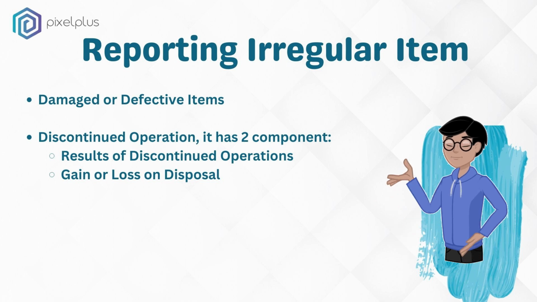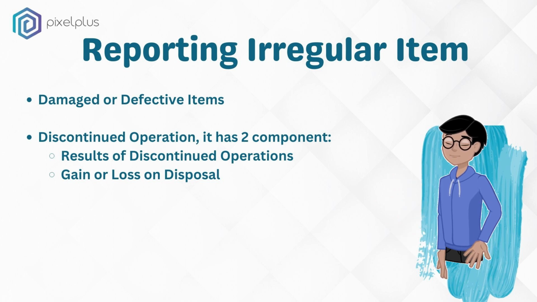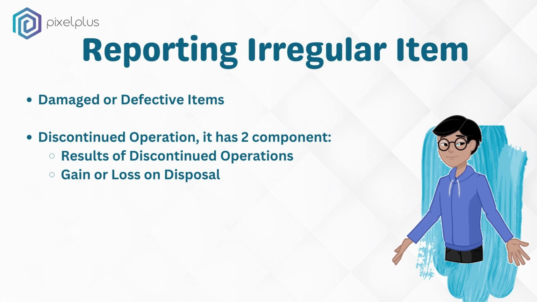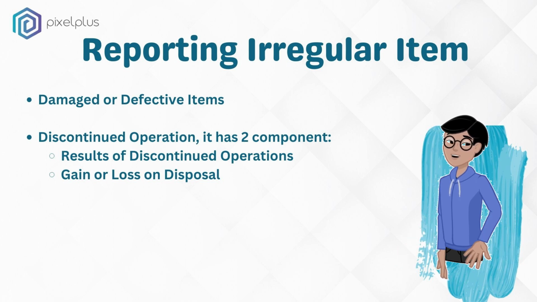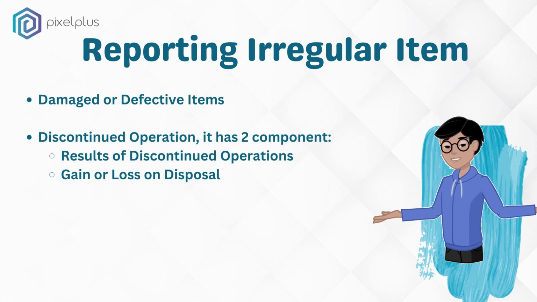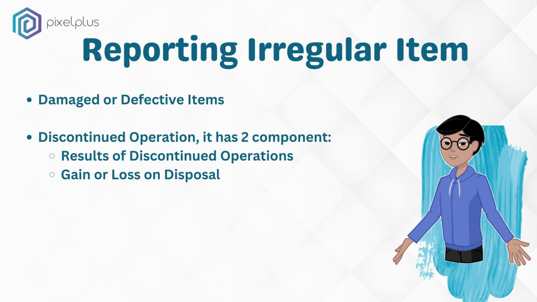The income or loss from the discontinued operation for the period is reported separately from continuing operation in the income statement. This includes revenue, expenses, gains, or loss that are directly related to the discontinued component. By segregating this information, users can assess the performance of the remaining continuing operation without the influence of the discontinued segment.